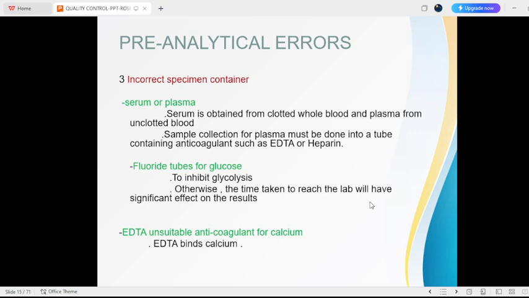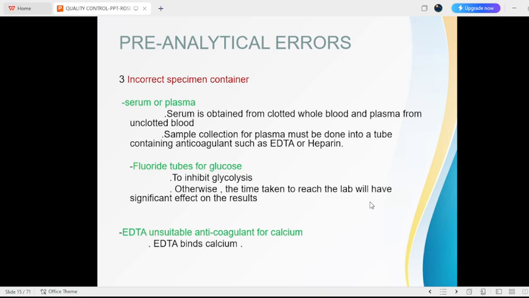It's serum or plasma. Serum is obtained from clotted whole blood and plasma from unclotted blood. Sample collection for plasma must be done into a tube containing anticoagulants such as EDTA or heparin, and fluoride tubes for glucose.